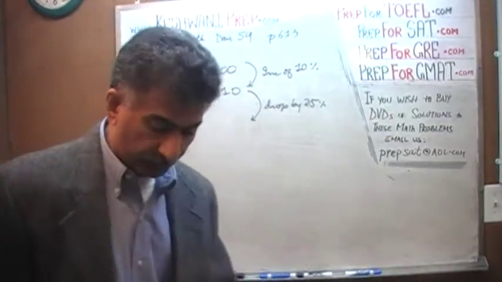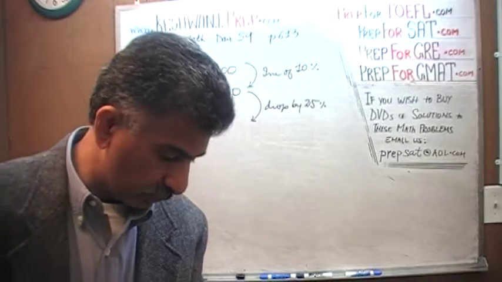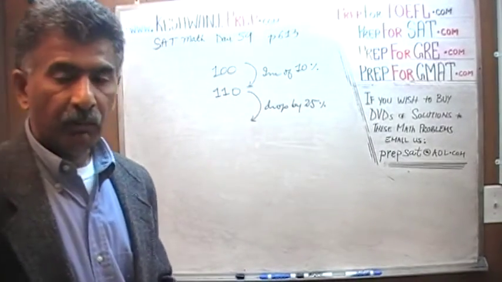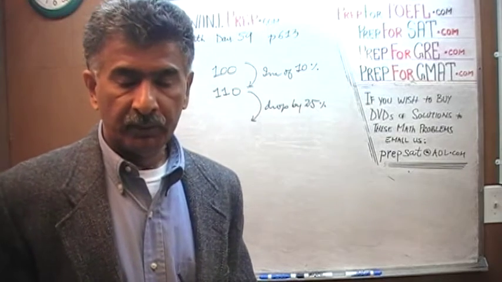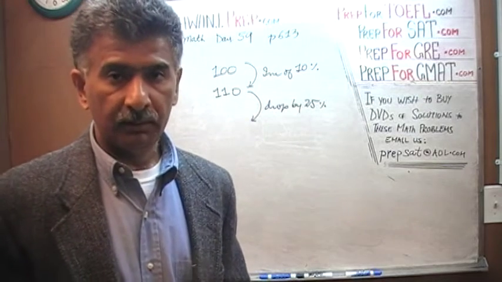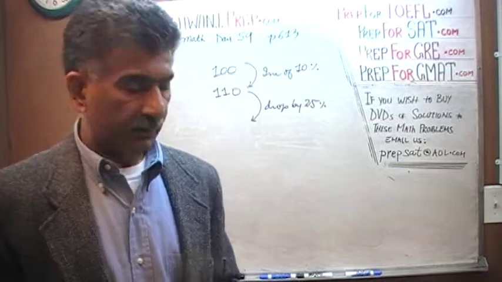Well, how do we figure out 25% of 110? There are a couple of ways you can go about it. For figuring out 25% of 110, other than using a calculator, which I don't like, here's one way.